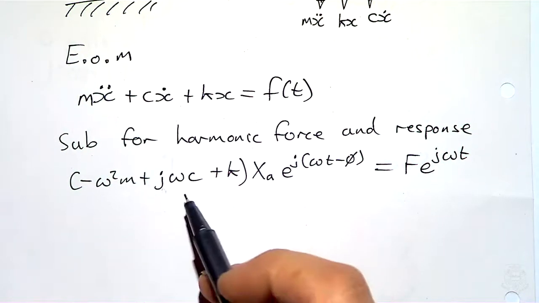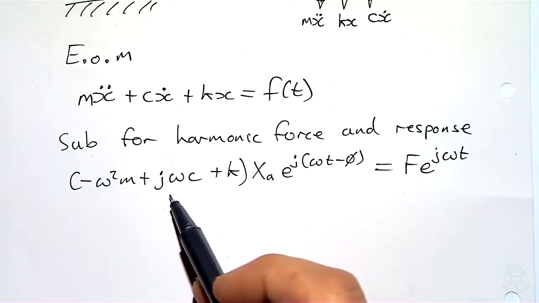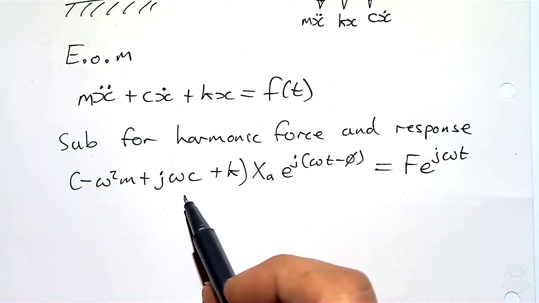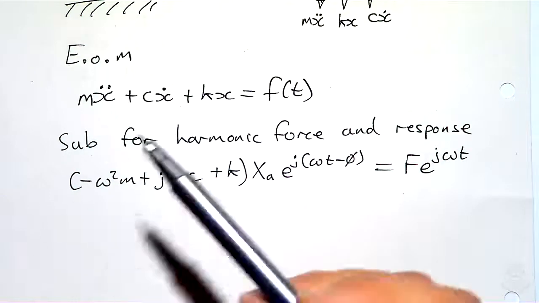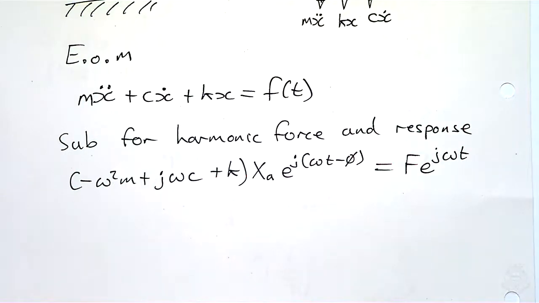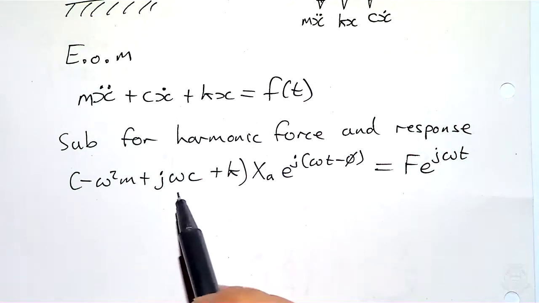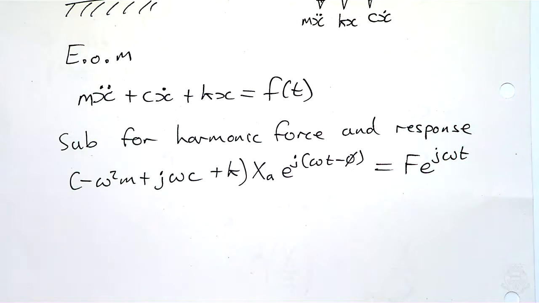So notice this time that we've got this extra term, the j omega term comes from the damper term, c times x dot, because we have to differentiate the assumed solution once. Okay, and then we get a j omega, which comes out in front of the coefficient c.